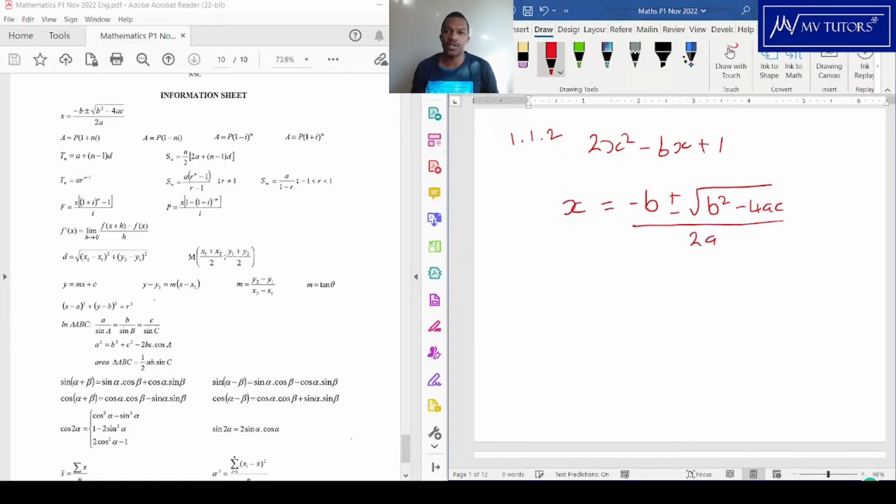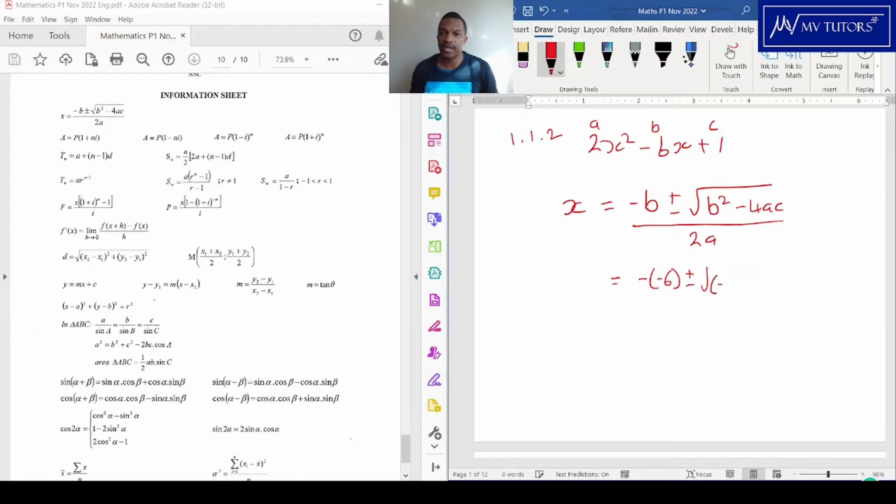Okay, now what you want to do is put an a on top of there, put a b on top there, and a c there so that you know exactly what to substitute. Now minus, I like to put this in a bracket. B, my b is actually minus 6, so I'll put that in a bracket. Plus or minus square root of b. B is minus 6.